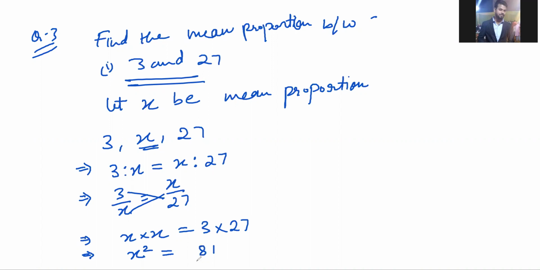So X square is equal to 81. So we have to find the value of X only, not X square. So when we remove square from this side, we have to write root 81. Okay, when we remove square from one side, we have to take root on the other side.